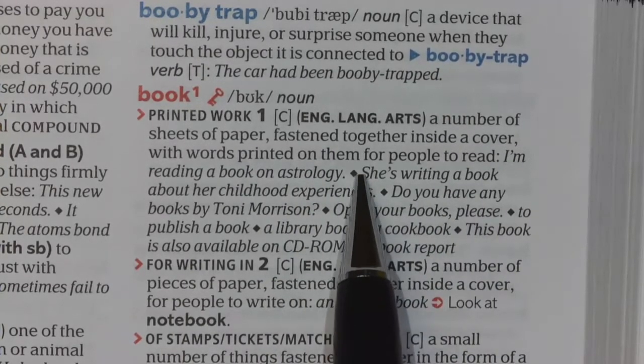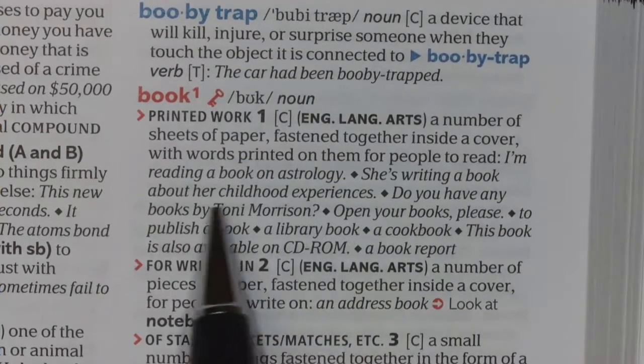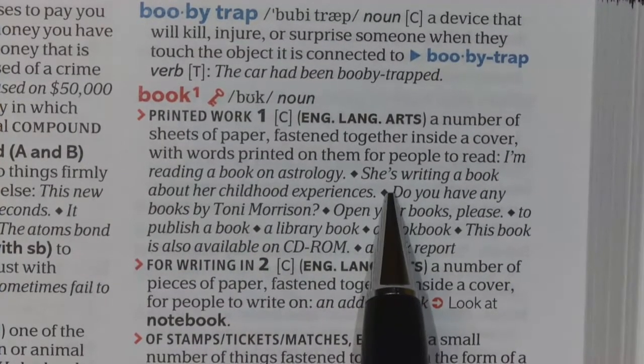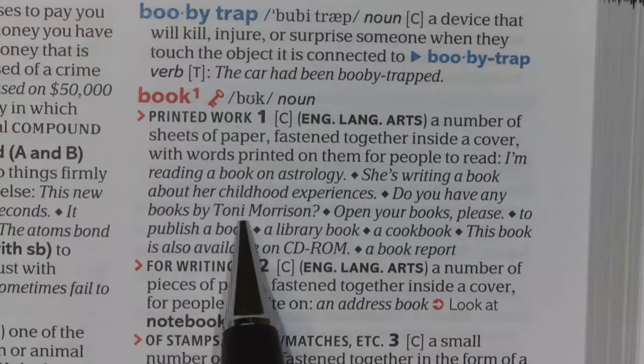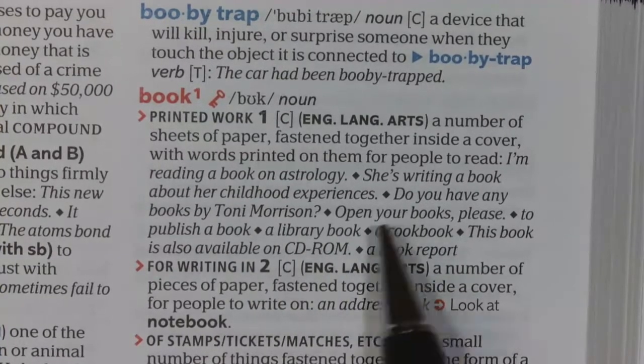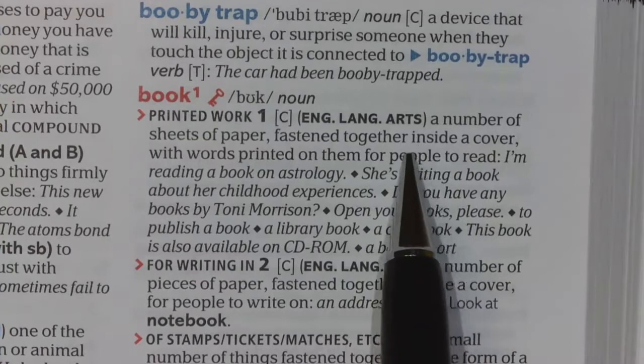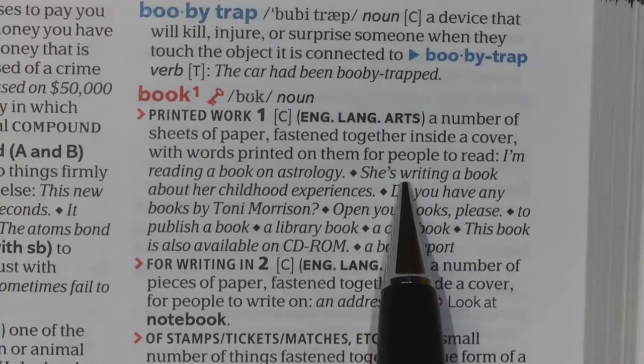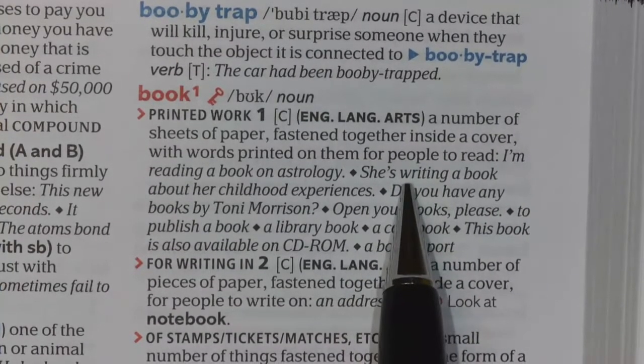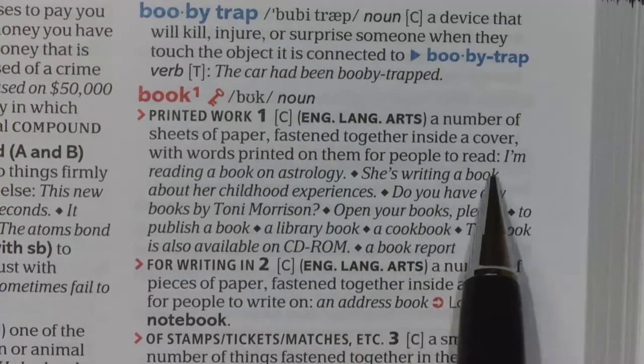Now after that, you see there's this little diamond symbol, and then they have, she's writing a book about her childhood experiences, and then another one, and it says, do you have any books by Toni Morrison? And you'll see a couple more of those. Now if you look at the letters here and the letters here, you'll see that these letters look different. They're italicized, or in italics. You see how they're kind of slanted?